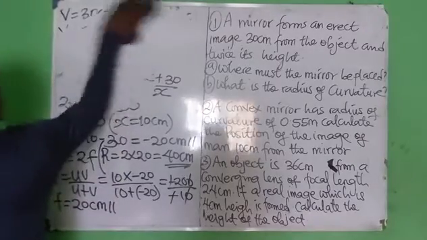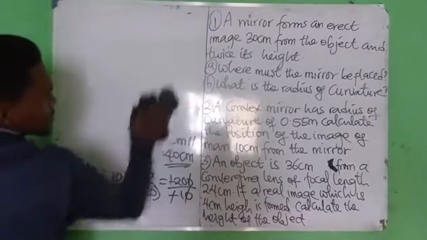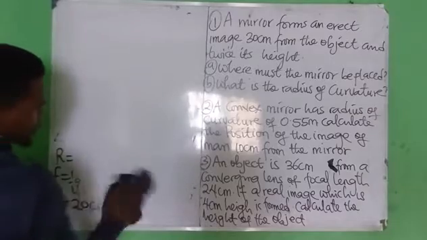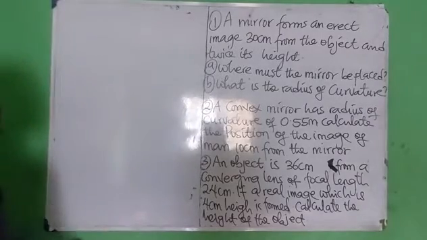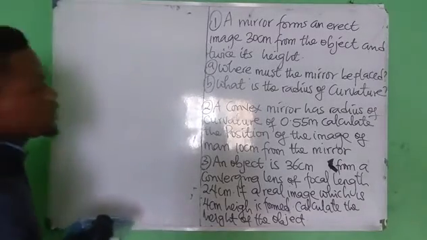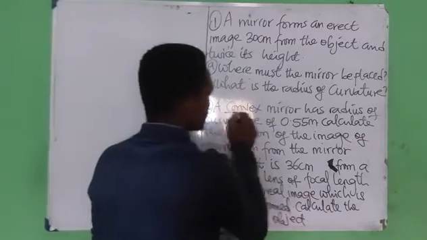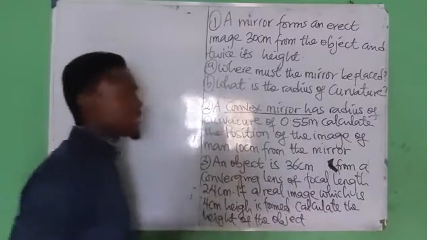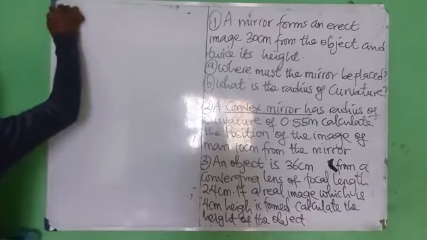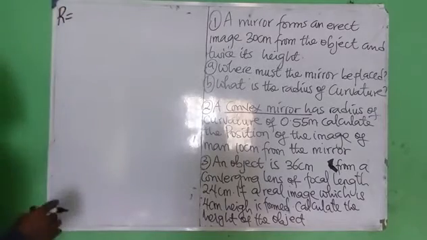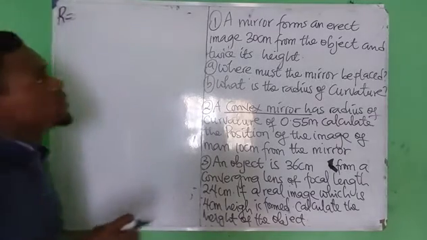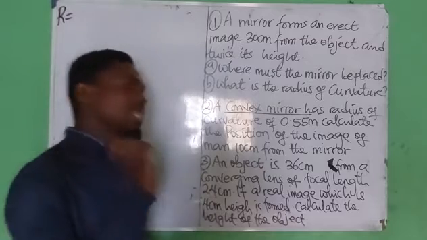Number 2. What is number 2? They said a convex mirror has a radius. If you see the words a convex mirror, it tells you that the radius of curvature is negative, because I told you that the radius of curvature and focal length of a convex mirror are negative.